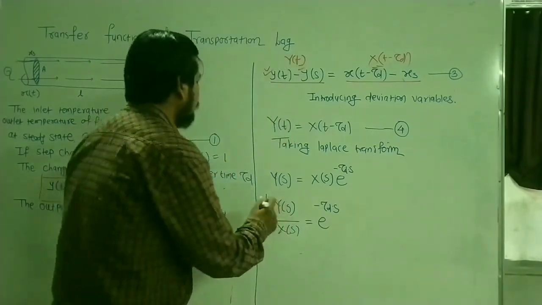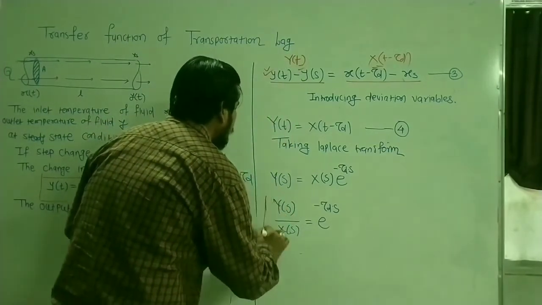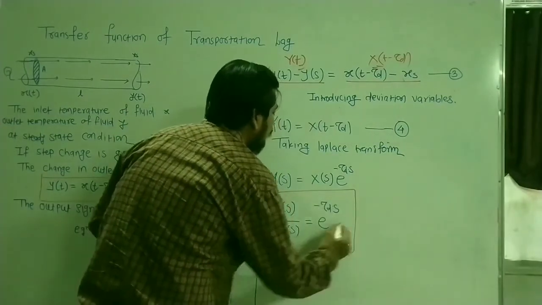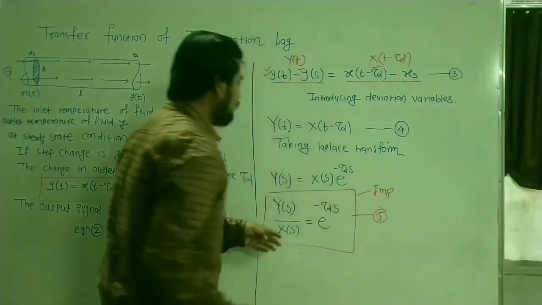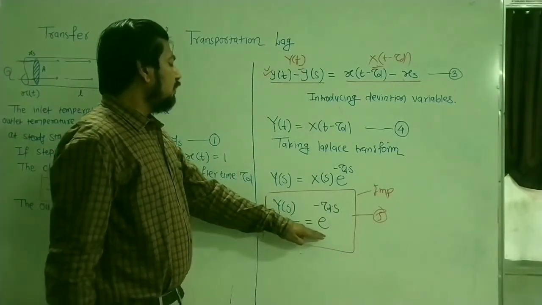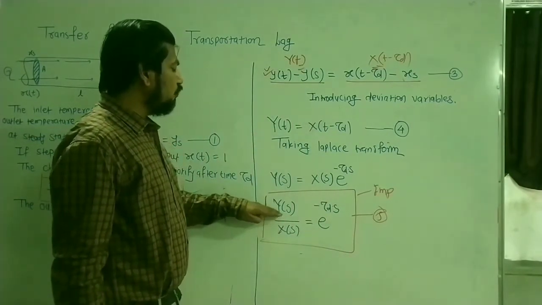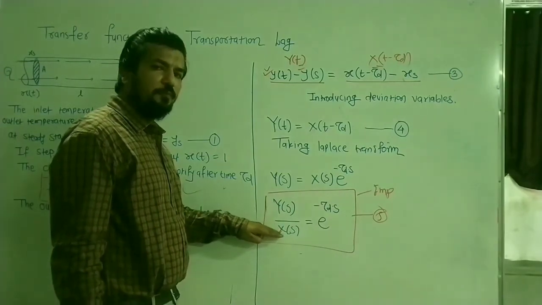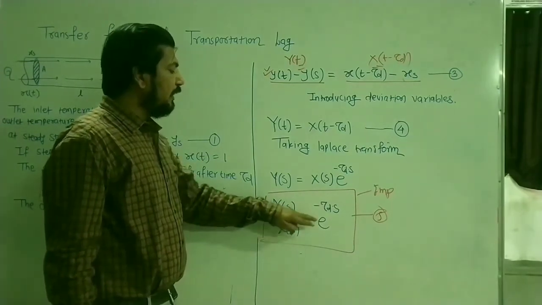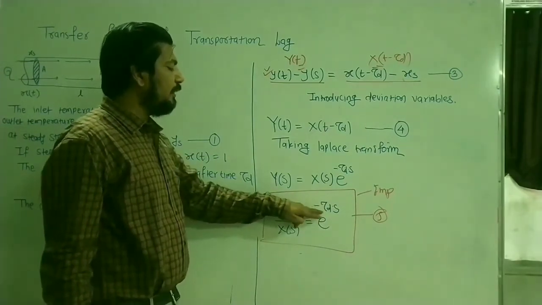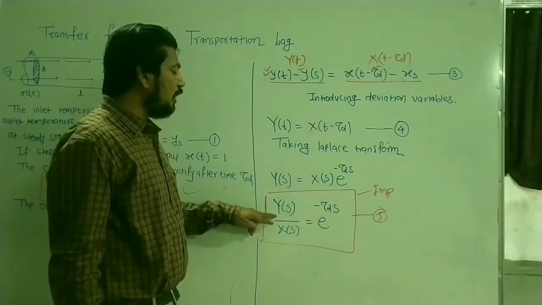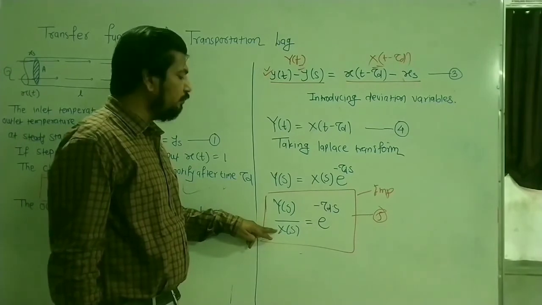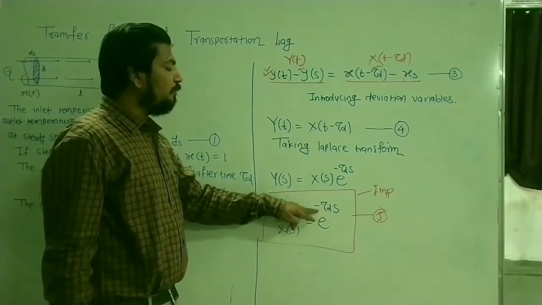This is your transfer function of the transportation lag parameter, equation number 5, the important equation. This equation relates the changes in the output with respect to the changes in the input, and it shows that your output will be delayed by the time tau d.